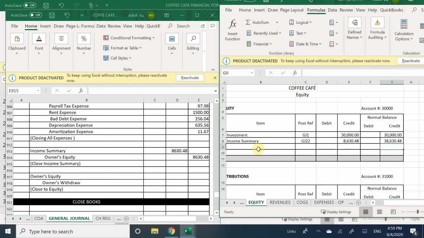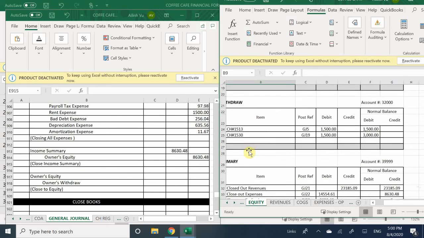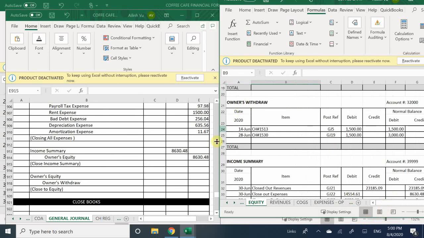Now there's one more step that we need to include as well, is we need to make sure that we close every equity account into equity. So there is one more outstanding account, and that is going to be the owner's withdrawal. We need to close out the owner's withdrawal, in which this case here we took out money. So here we're going to close it out.